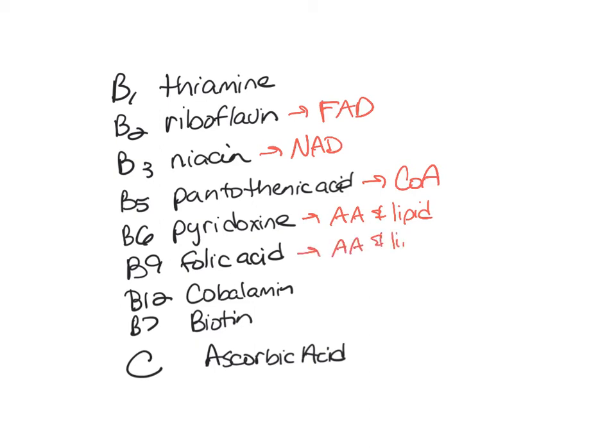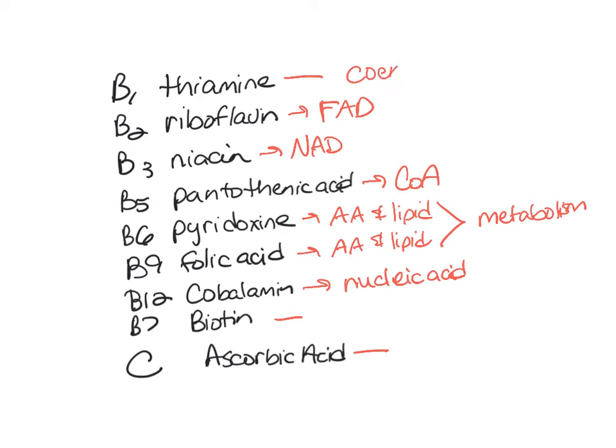They're both necessary for the breakdown and the production of amino acids and lipids. Cobalamin is necessary for nucleic acid metabolism. And then biotin and ascorbic acid and thiamine, they're all necessary coenzymes in enzymatic reactions in the body.